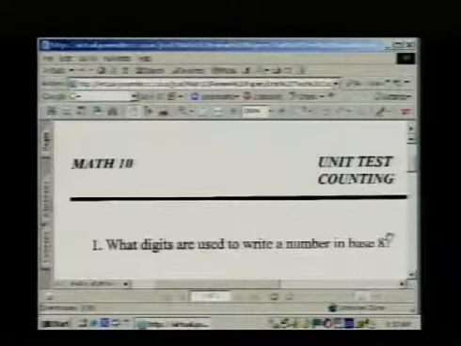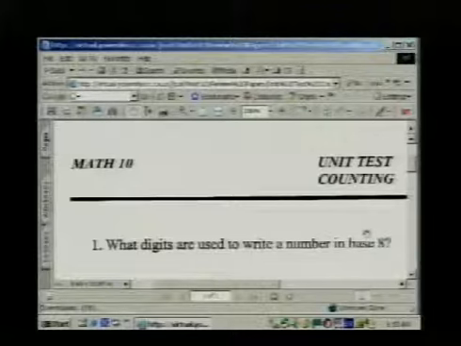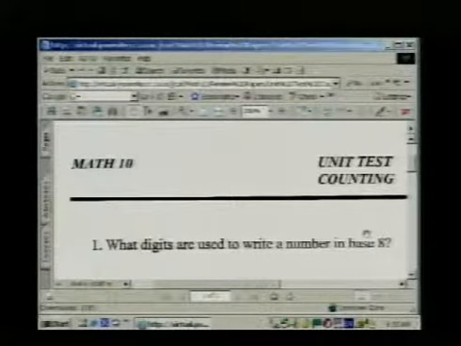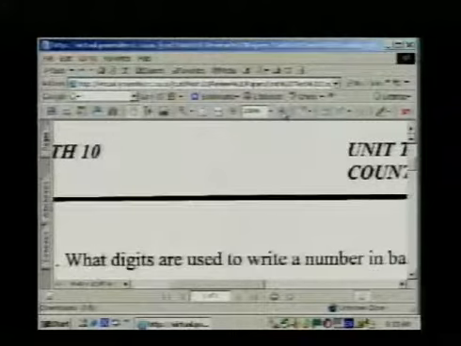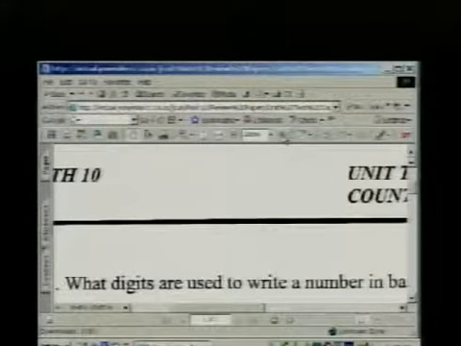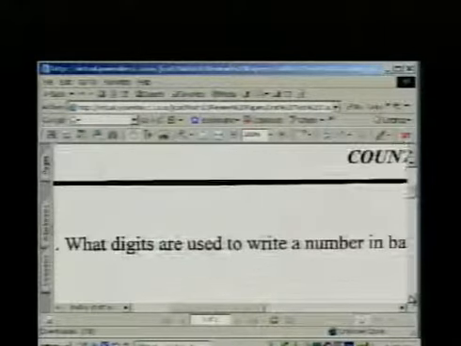This is the first problem in this set. I'm going to move the computer over just a little bit and bring that in one more level. Okay, here's the question. I'll scroll down here a little bit so I can see that.